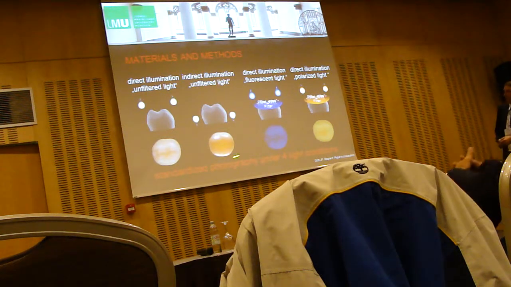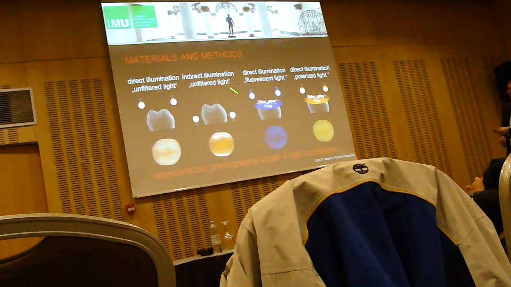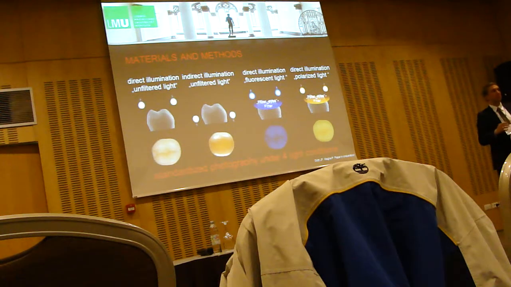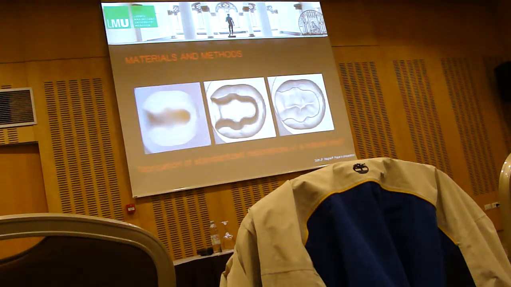Again, the natural tooth under a kind of translucent illumination. Thirdly, direct illumination with fluorescent light. We put black light on the tooth and then the fluorescence filter, and the same thing with the polarized filter. Then we stored these pictures, we noted the modification of the pictures, and then we prepared.